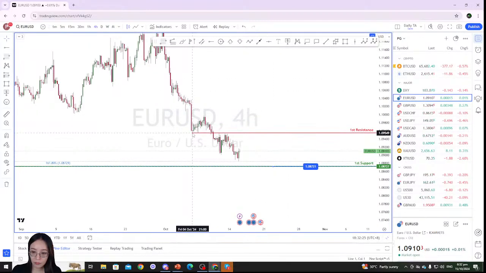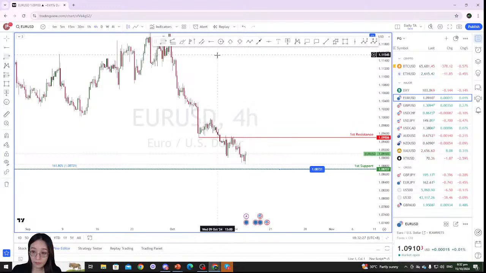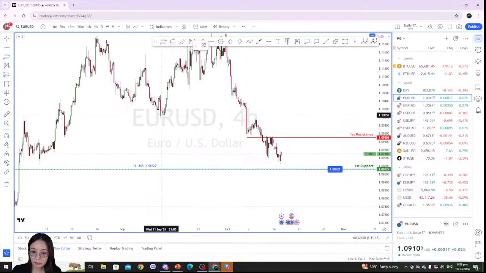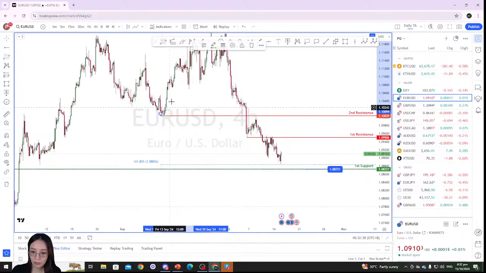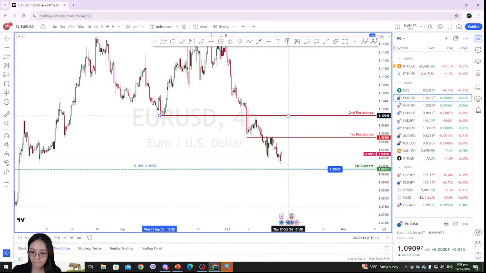I refer to the wick here, and the second resistance is right here. Just put it at the body here.